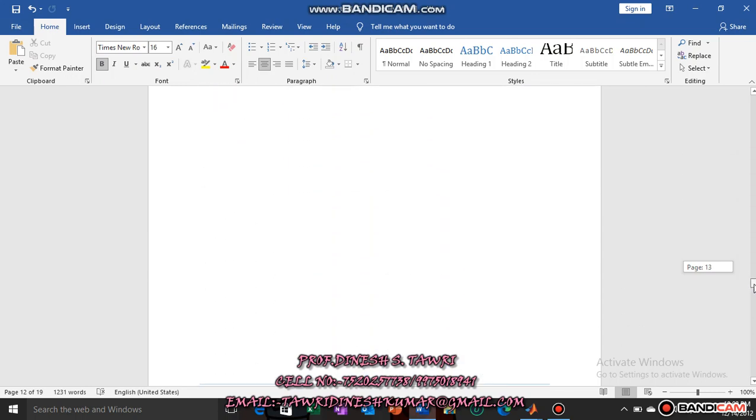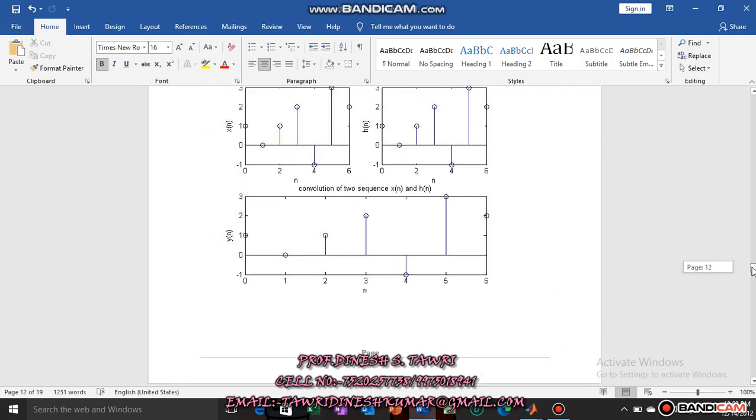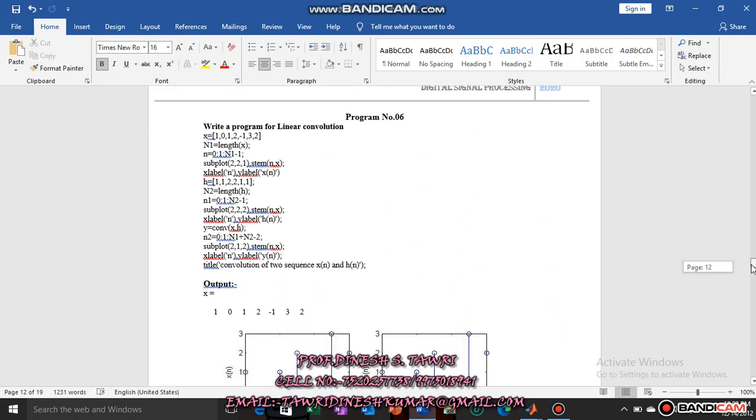First you have to take two sequences and use the convolution syntax for multiplication of these two sequences.